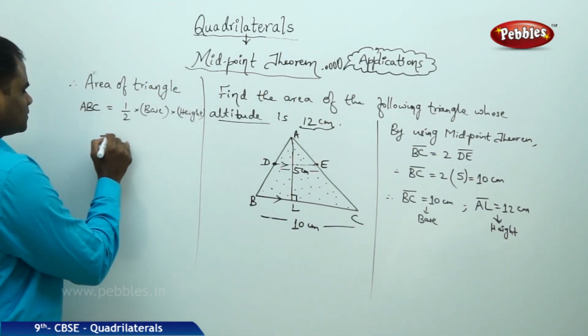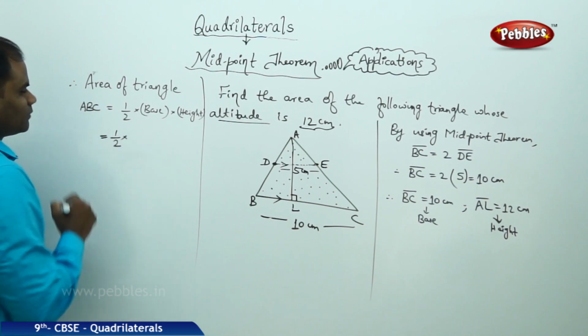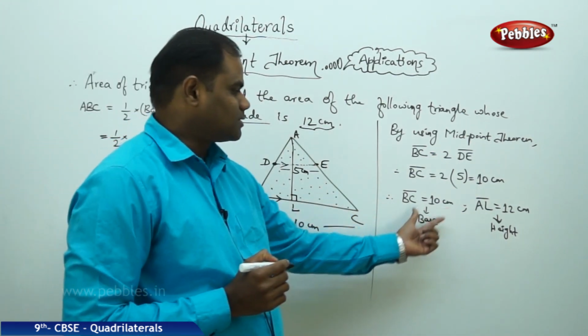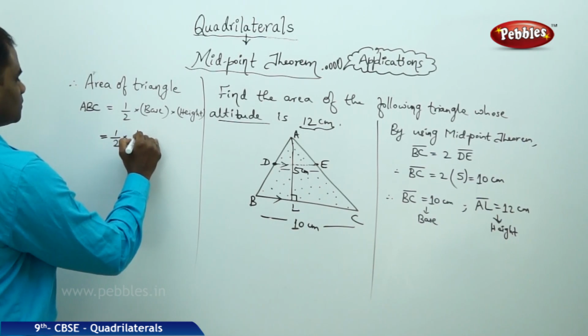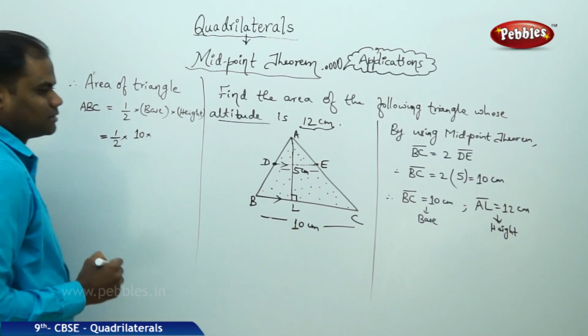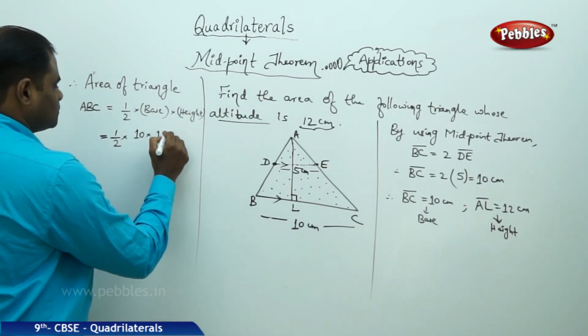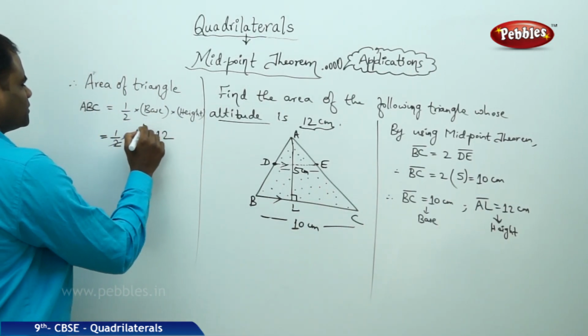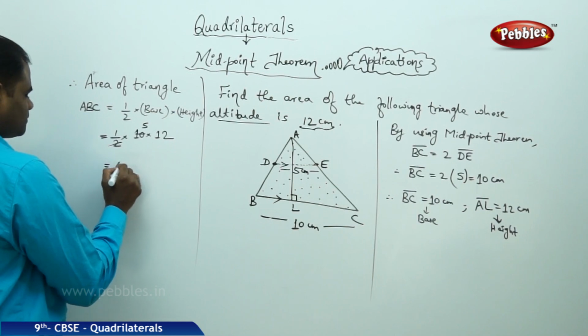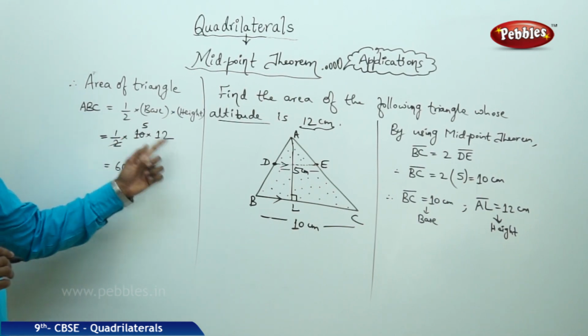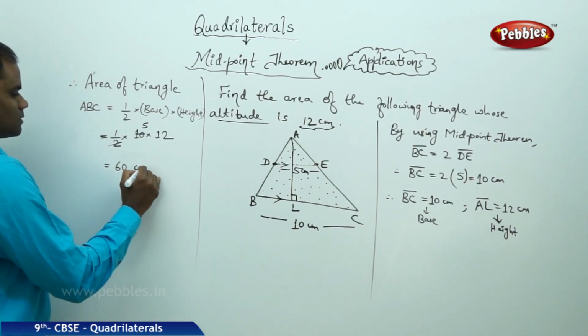In this case, half times my base, which is 10, and my height, which is 12, on further simplification gives 60 centimeters square.